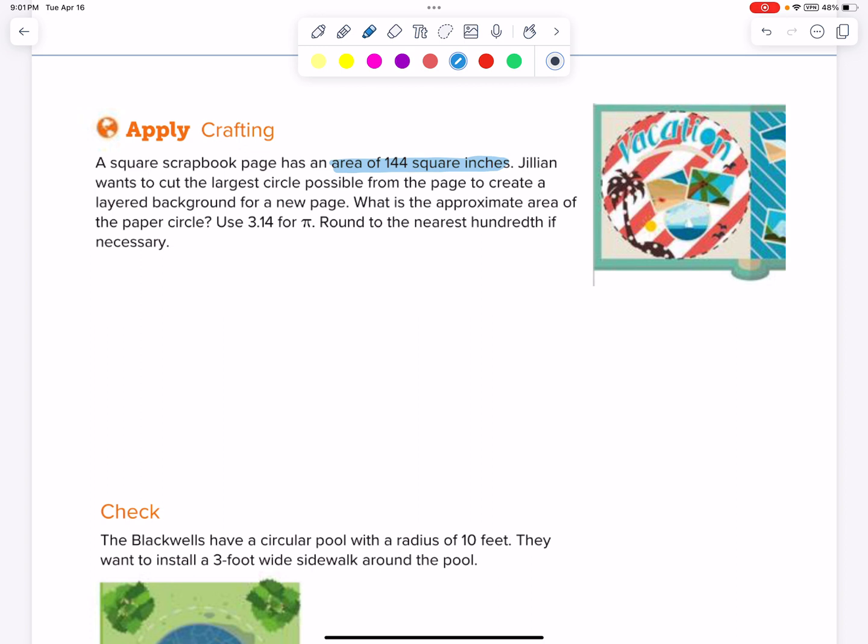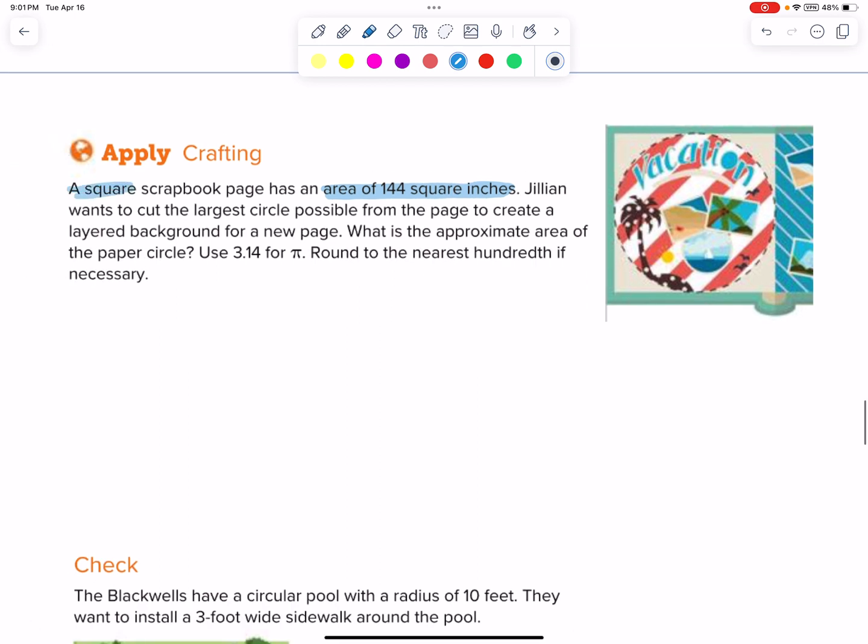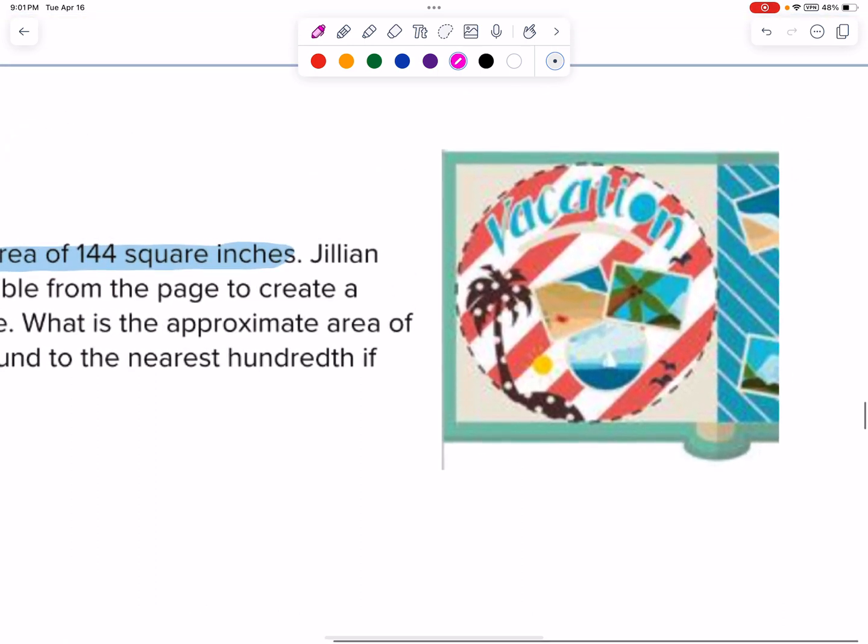What's the approximate area of the paper circle? Use 3.14 for pi. The other twist of this is the square scrapbook is 144 square inches. So we're talking about this right here.